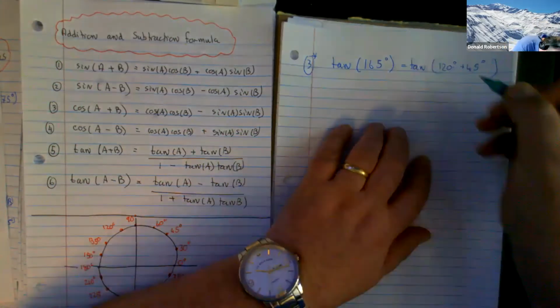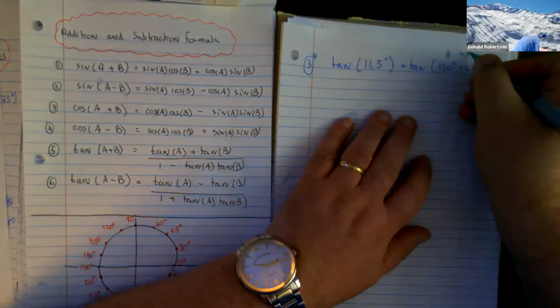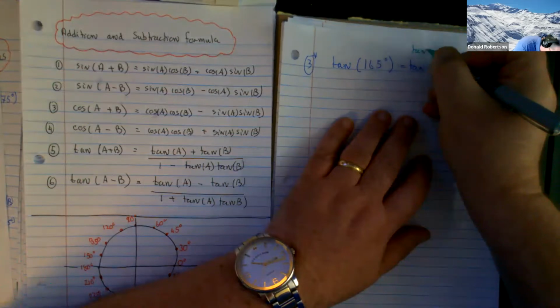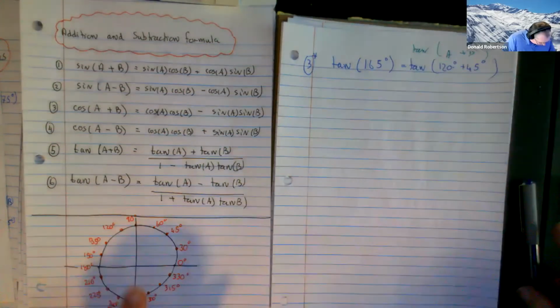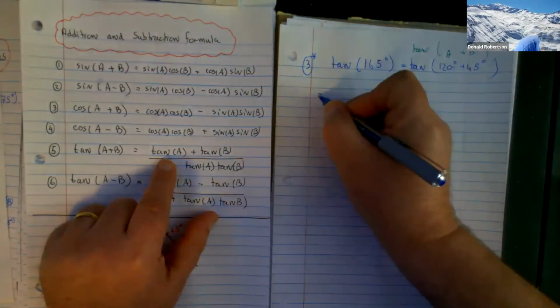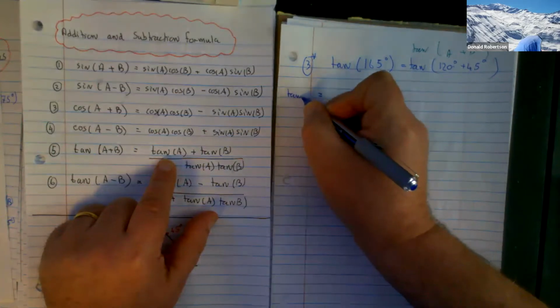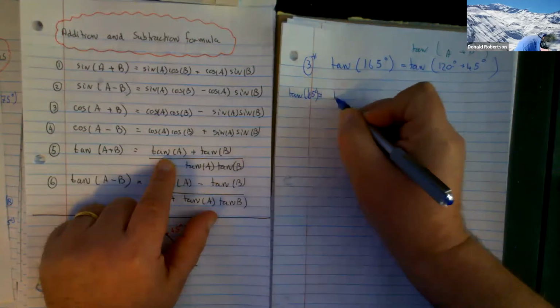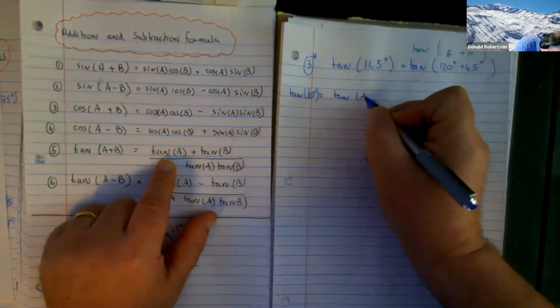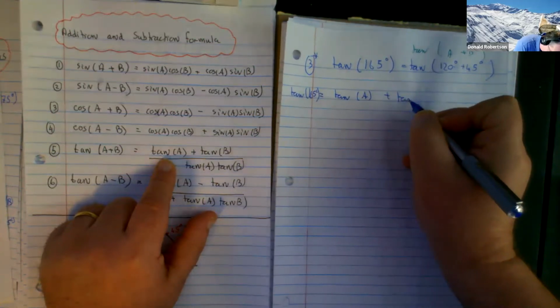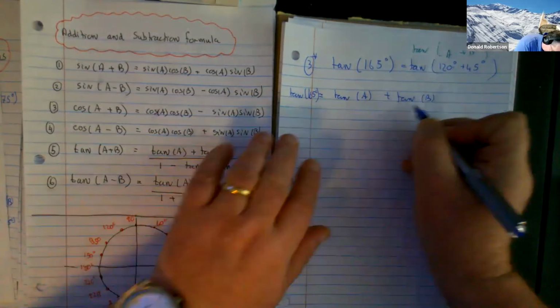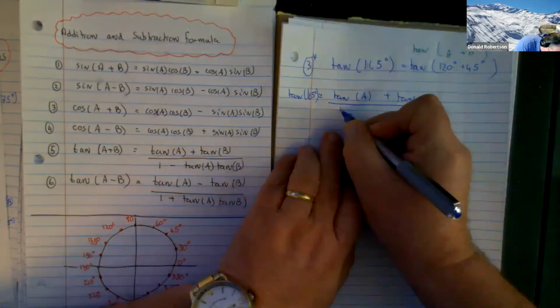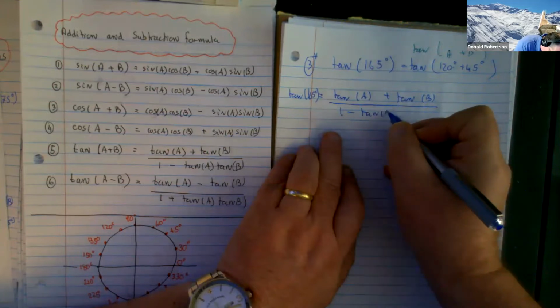Now, this is basically the tangent of A plus B. And so my formula for the tangent of A plus B is this guy here. So it's going to be the tangent of A plus the tangent of B all over 1 take away the 2 things multiplied.